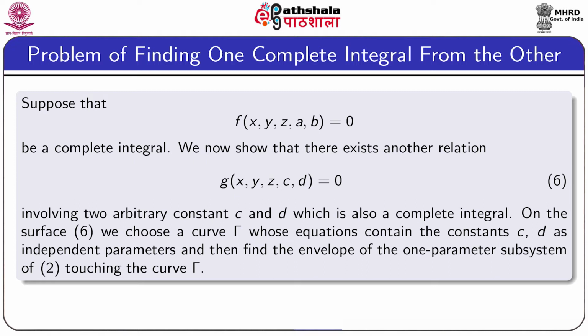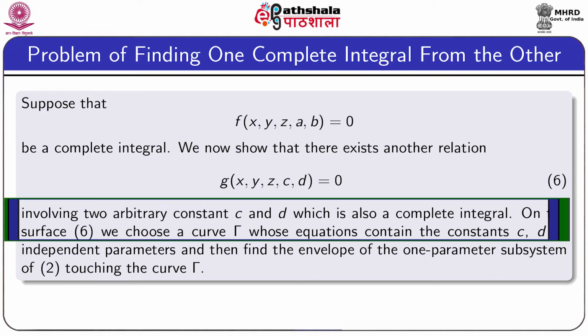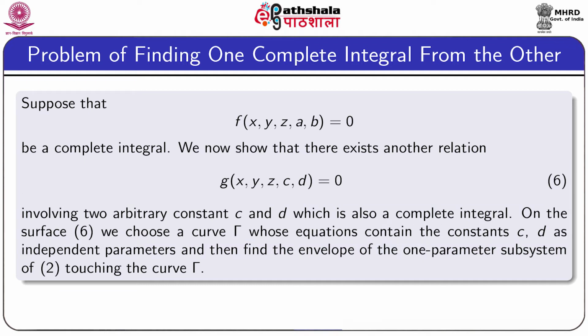Since the solution written in 6 involves two arbitrary constants c and d, it also represents a complete integral. Now, on the surface 6, we choose a curve gamma whose equations contain two arbitrary constants c and d. We shall find the envelope of the one parameter subsystem of 2 touching the curve gamma, where 2 is the equation f(x, y, z, a, b) equals 0.